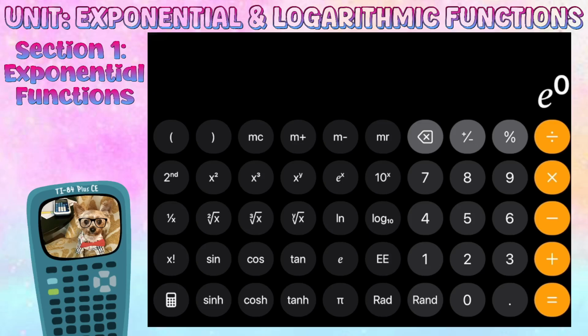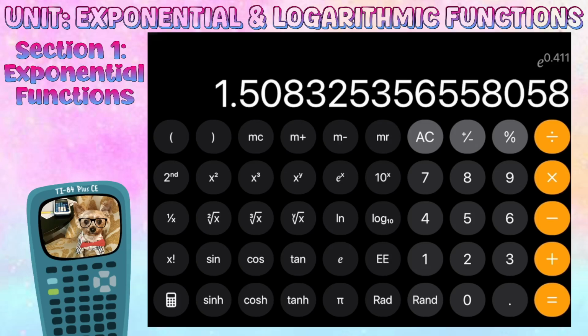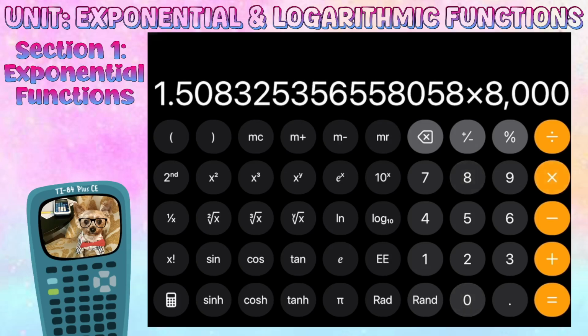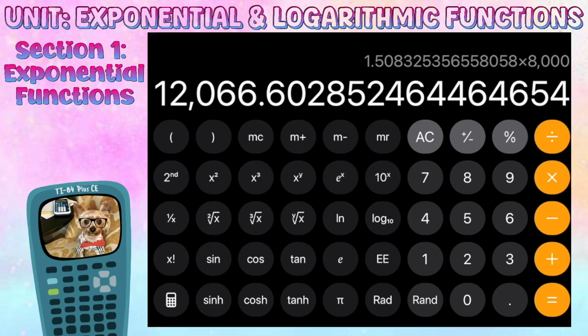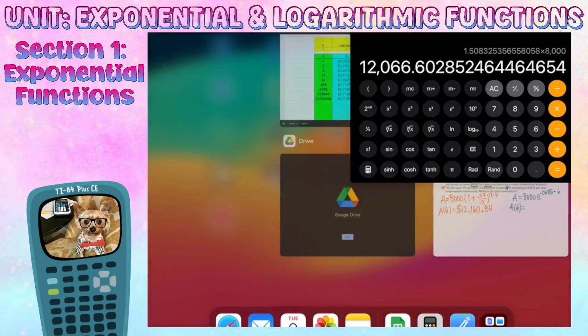It'll do E raised to whatever's on the screen. So if I do E to the 0, I'm going to get 1. So that means I want to figure out what the exponent is. So 0.0685 times 6 is my exponent. So I'm going to do E raised to that value equals, and then times P, times 8,000 again. And we get $12,066.60.